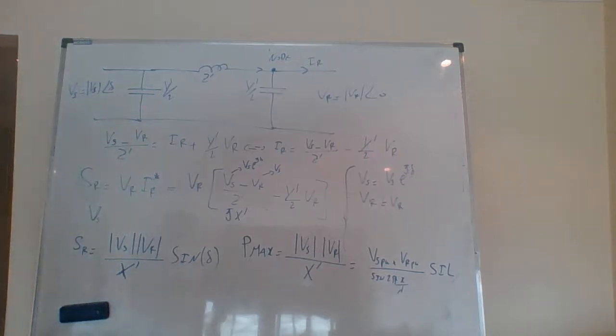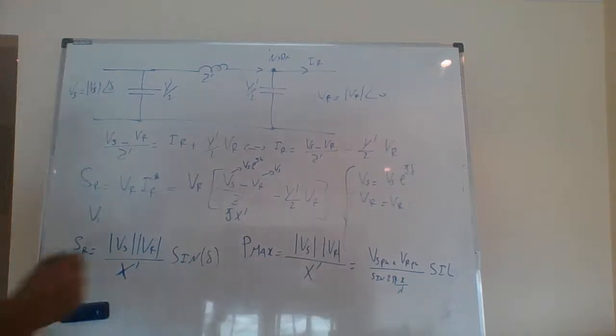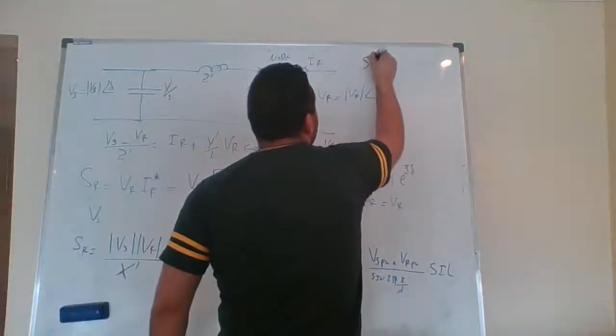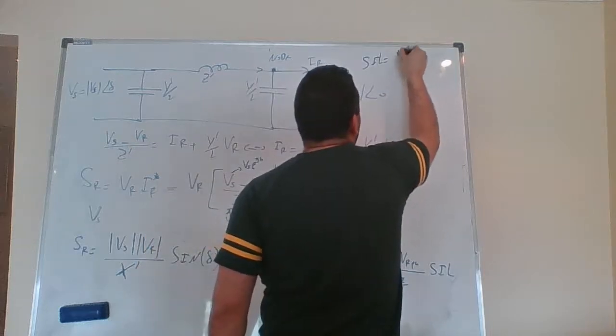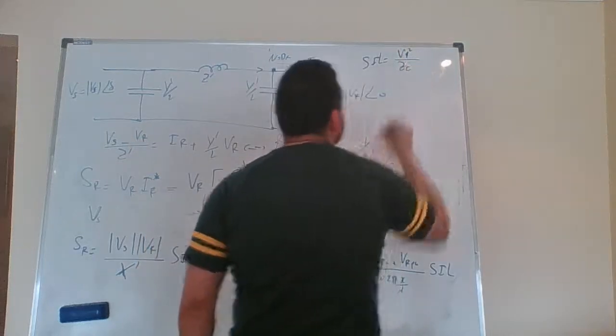The surge impedance multiplied by the surge impedance loading. And the surge impedance loading is equal to, you remember what we did this? The surge impedance loading is equal to VR squared divided by ZC.